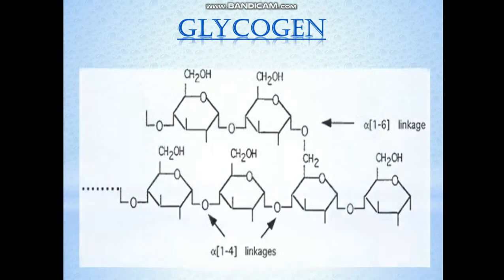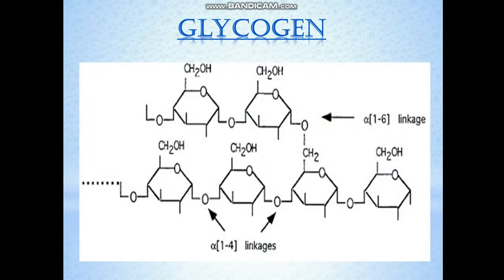Now, coming on to a complex polysaccharide, that is glycogen. Glycogen, I told you, is a homopolysaccharide, which has only a single type of repeating unit. Clear? See here the structure. What is that single kind of repeating unit?